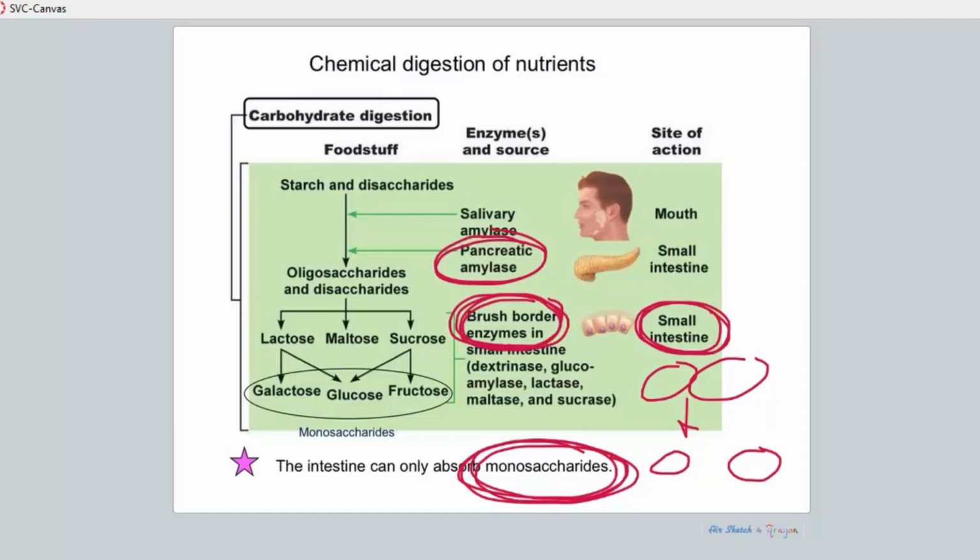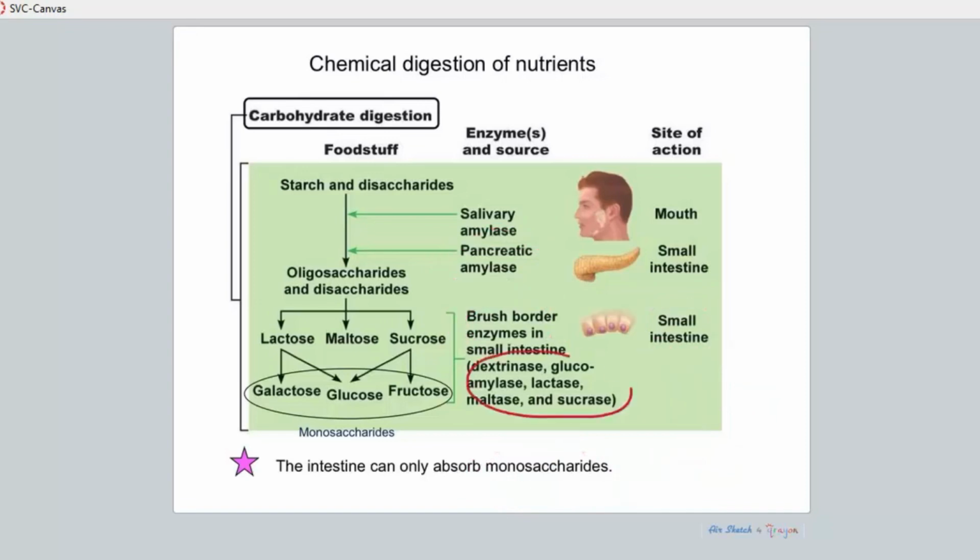Those are enzymes on the microvilli that form that brush border. And these are those specific enzymes right there. I'm not concerned that you know these names specifically, but more so that the brush border enzymes are doing it. What they're doing is taking these disaccharides here and breaking them down into individual monosaccharides. Boom.